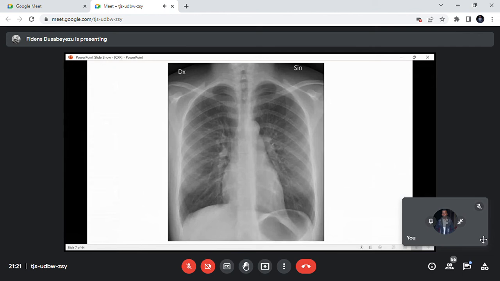Those things pass through the connective tissue of the lung, the interstitium. So when they say the disease is within that structure, the connective tissue, where there are vessels, arteries and veins, where there is the lymphatic system, where there are bronchi, it's up to you to know which one is involved.